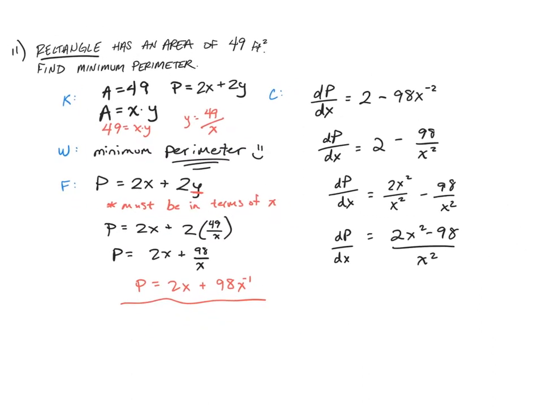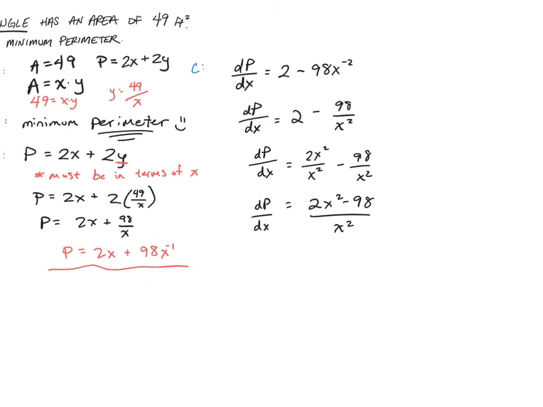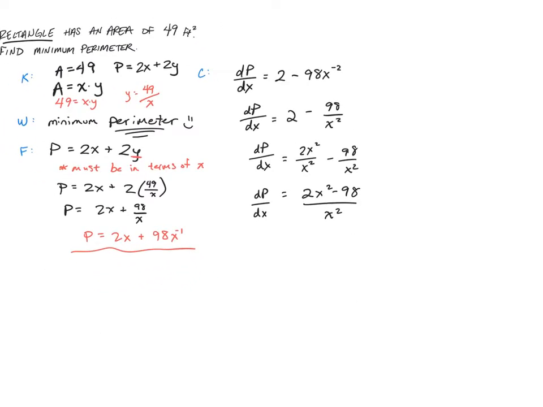Now, since I'm finding a minimum, how am I going to use that derivative, guys? Critical points. We're going to find the critical points so I can make a table of values. Critical points are where the derivative equals 0 or where it does not exist.